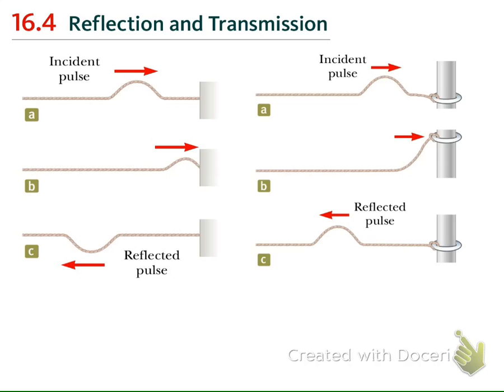First, if we have a string and we make a pulse to move along the string, and at one end of the string it is attached to the wall, to the fixed wall. Okay, so it means that the point here is fixed. This end point is fixed.